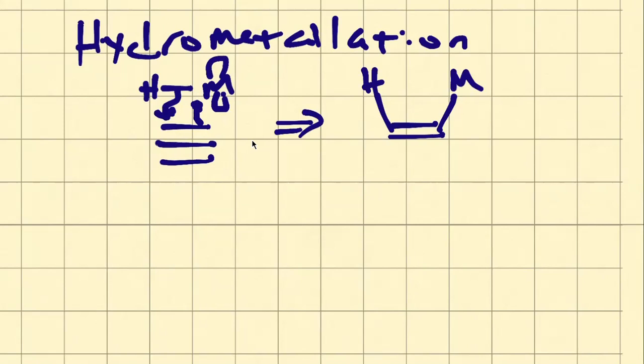So you can take a borane, like catechol borane, and you can react it with an alkyne, a terminal alkyne. And the utility of the process is that if you use a terminal alkyne, then you can convert that into some type of vinyl halide, which is, again, a great precursor to numerous other reactions.